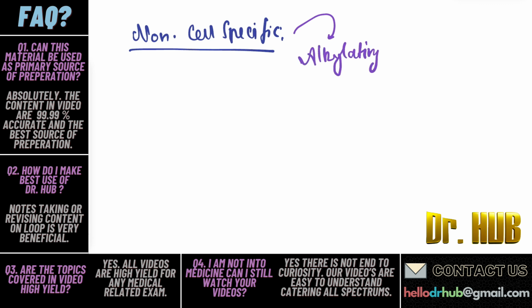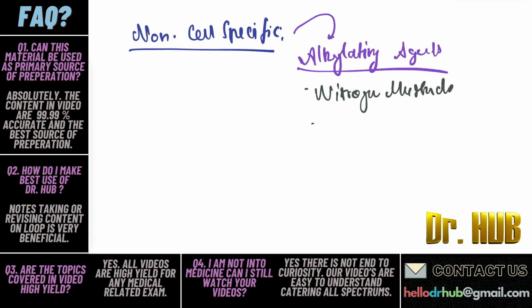What do the alkylating agents include? The nitrogen mustards, the nitrosoureas, the triazines, the ethylenamines, as well as the alkyl sulfonates.